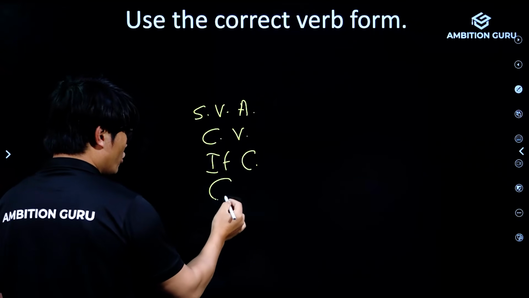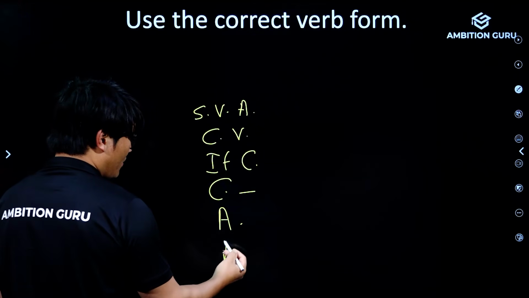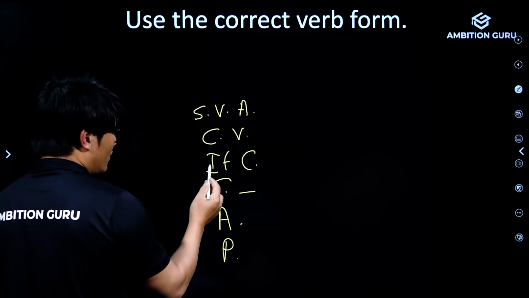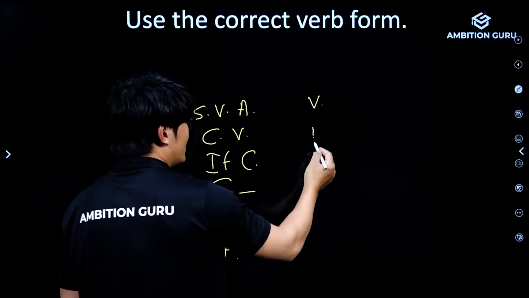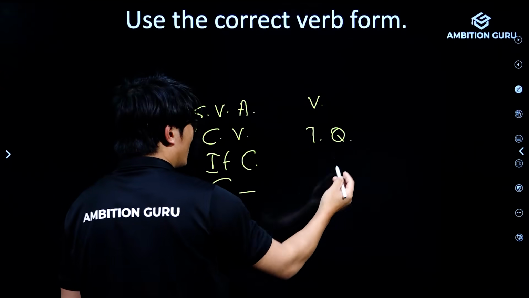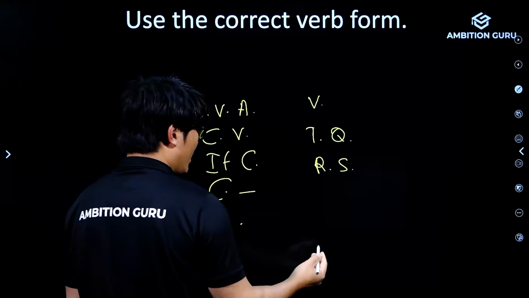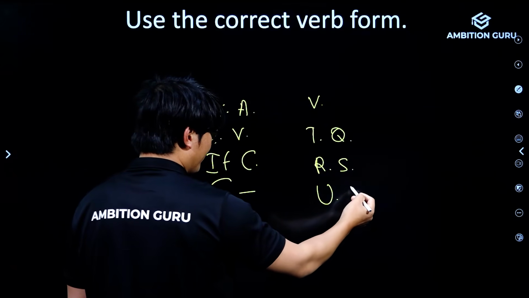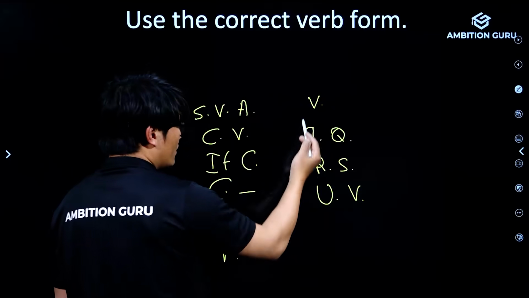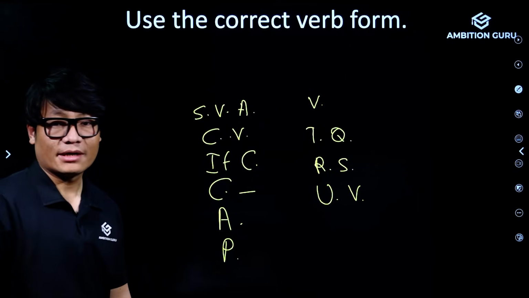Next here are conjunctions, articles and prepositions. Next is tag questions. There is even reported speech. And next is use of verb. So 1, 2, 3, 4, 5, 6, 7, 8, 9, 10. Clear?